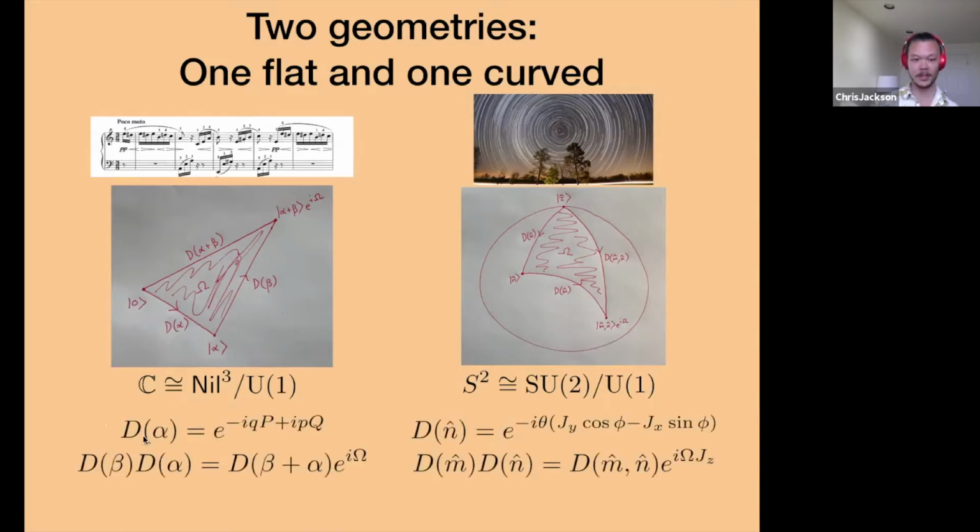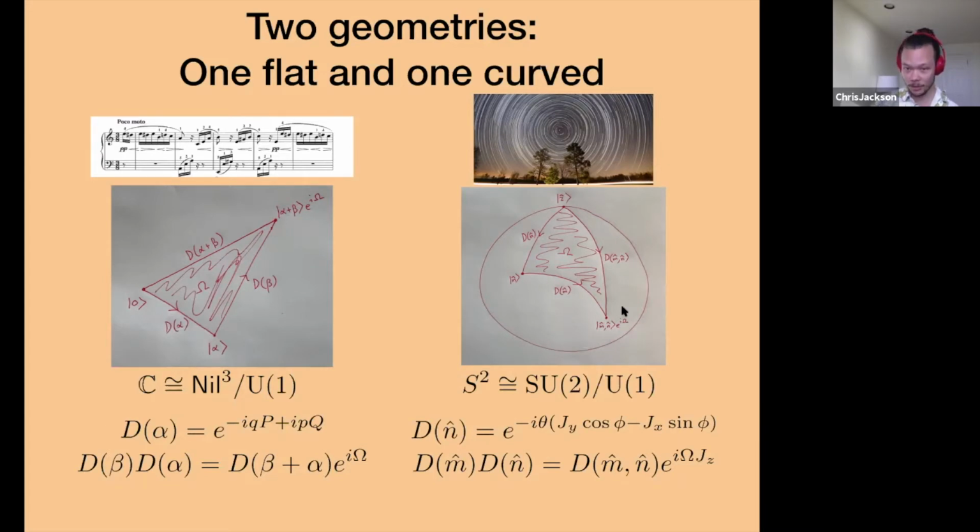So there are these things called displacement operators, and you can think of, well, if I move to the right, it has a generator we call P, or if I move up, it has a generator called Q, and it's the interaction of these two such that if I had two displacement operators that I composed, I get displacement operators corresponding to straight lines. I get a new straight line, but I also get this extra term corresponding to the sort of area in the middle, okay?